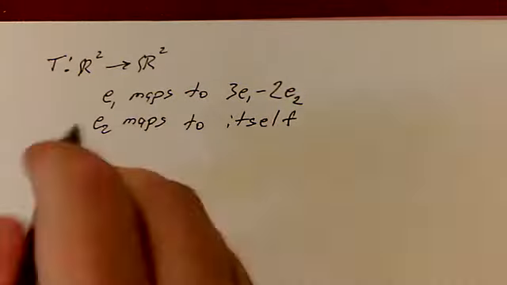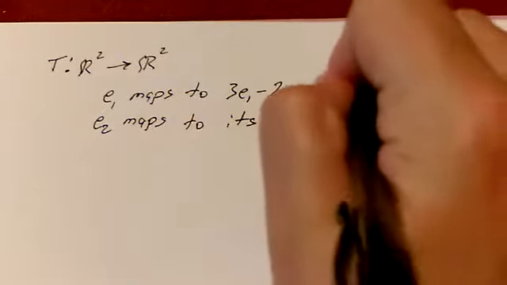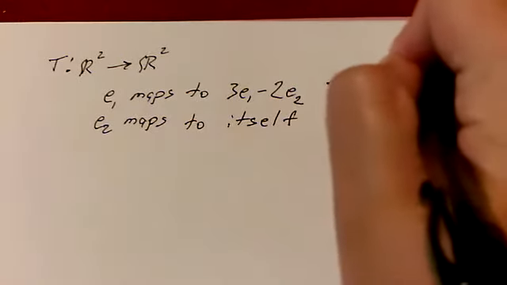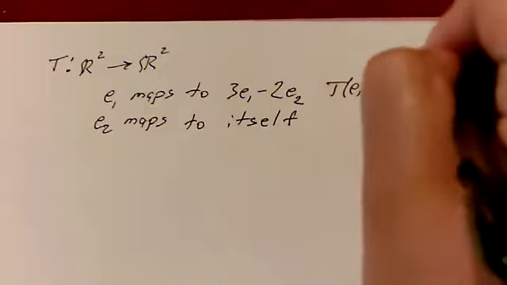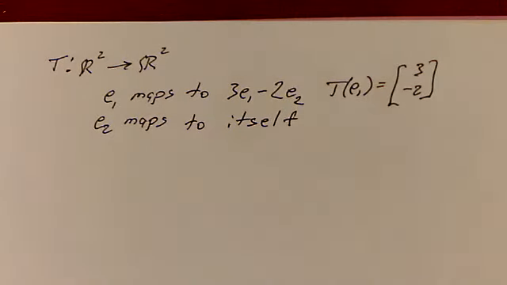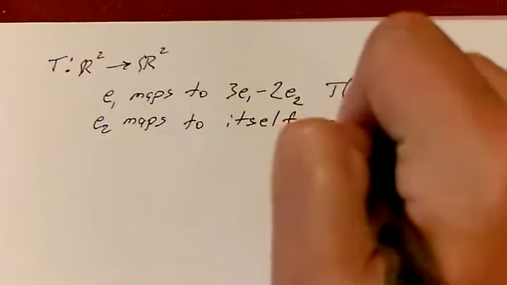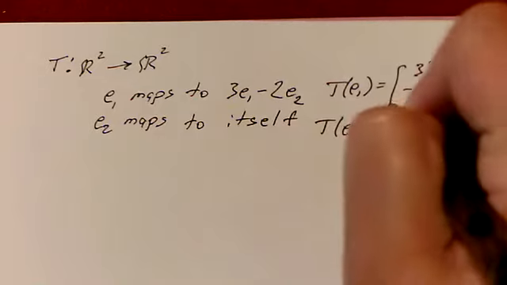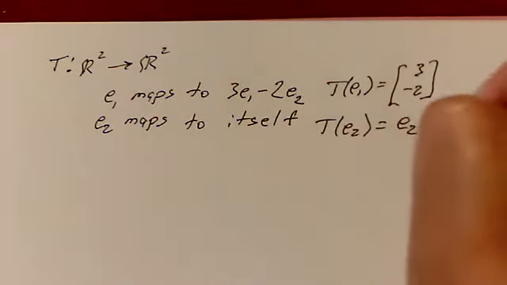Reading this off, this tells me that T of E1 is equal to (3, -2). I just read the vector from the expression there. I know I need 3 copies of the x-coordinate, 2 copies of the y-coordinate. And it tells me that T of E2 is itself, E2, which we know is (0, 1).